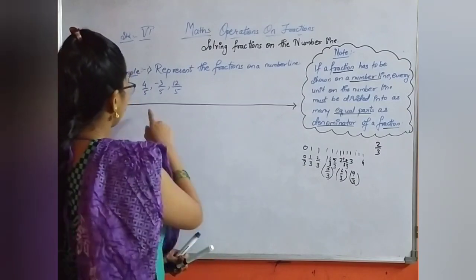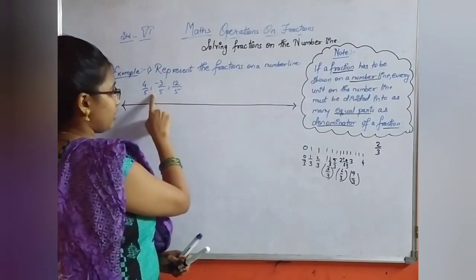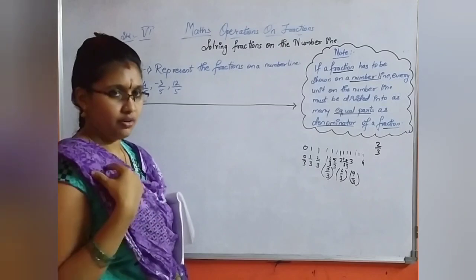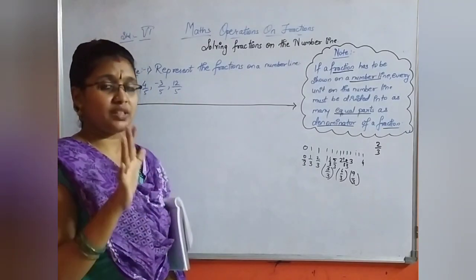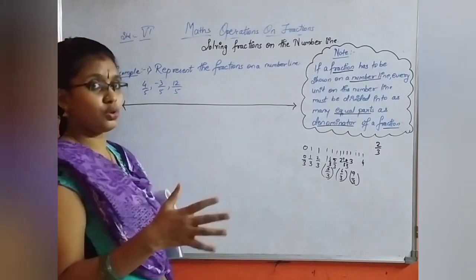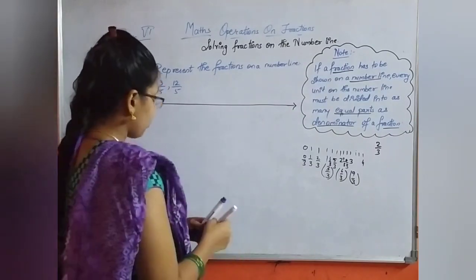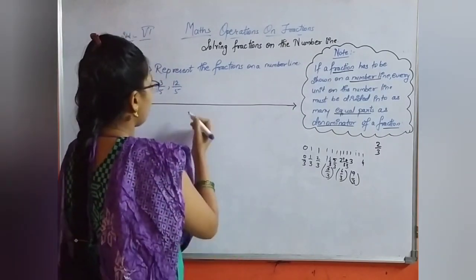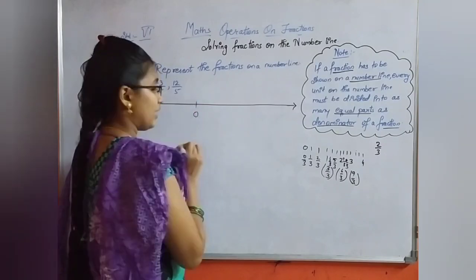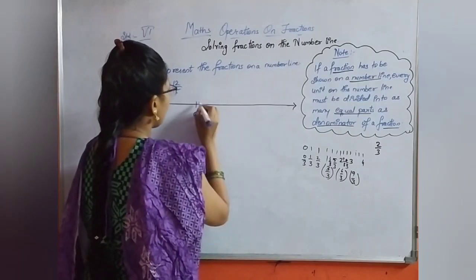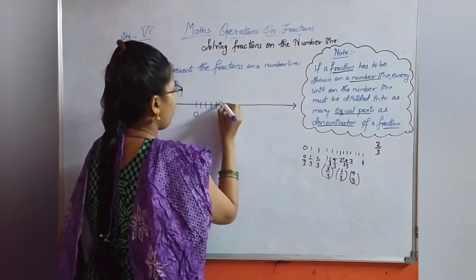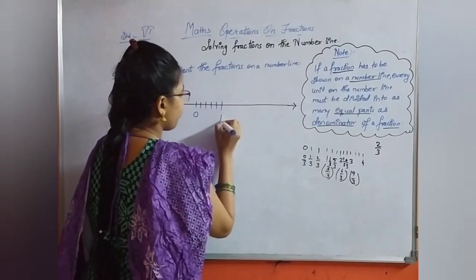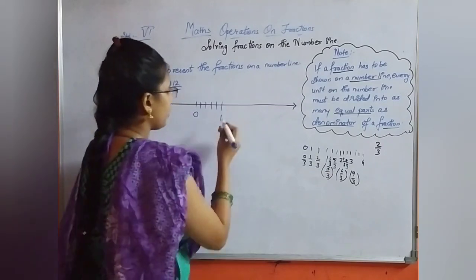Now this is the question: 4 upon 5, minus 3 upon 5, 12 upon 5. So here what is the denominator? 5. That means we have to divide each unit into 5 parts. So I will be taking 0 in the center. After 0: 1, 2, 3, 4, 5. The fifth part is 1.